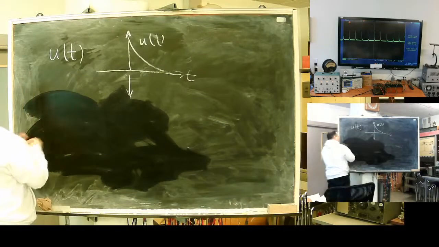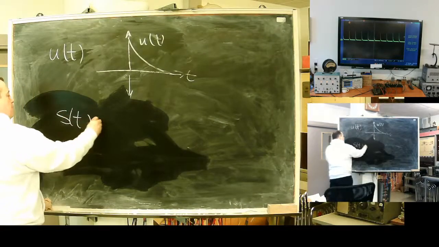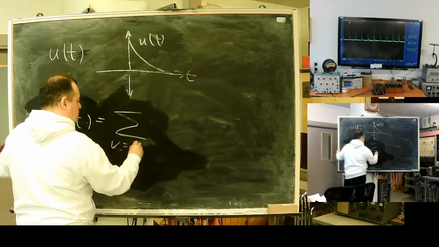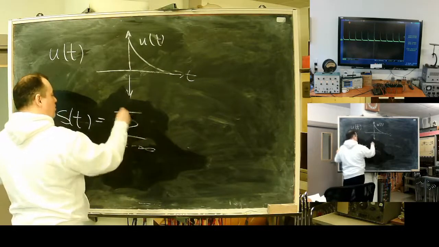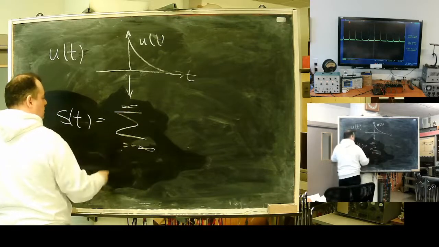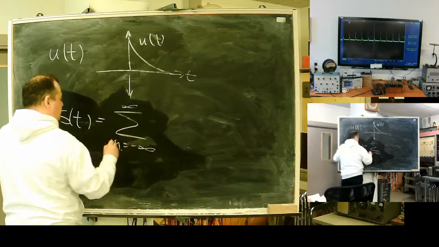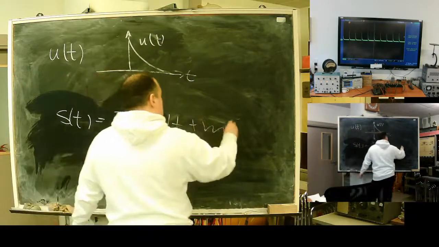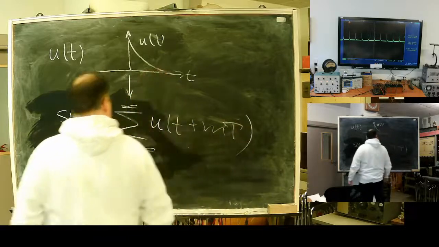So, I have a signal being a sum, where k can be from minus infinity to infinity, of the pulse at t plus m tau.